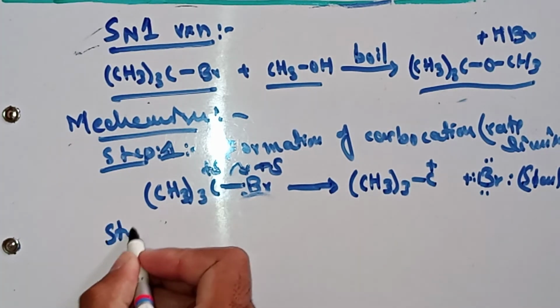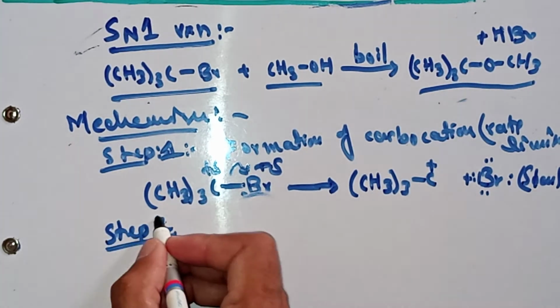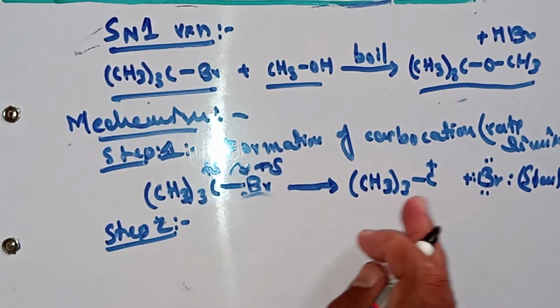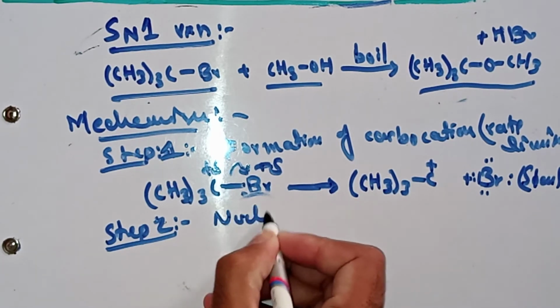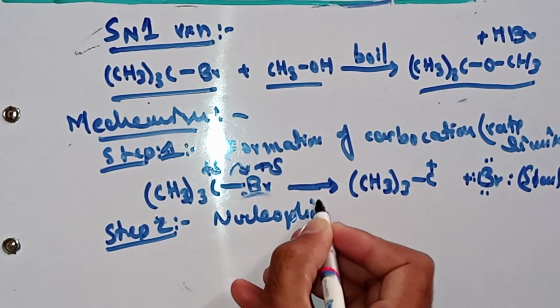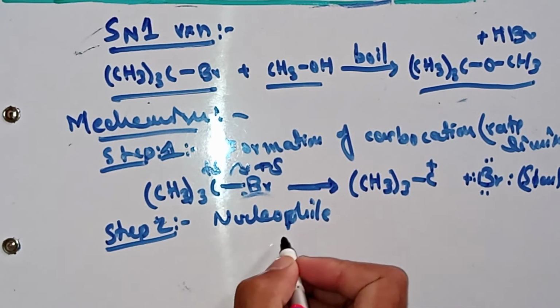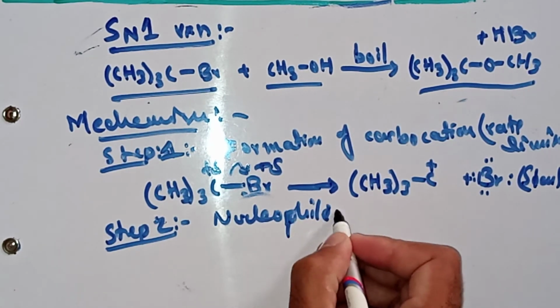In step number 2, there is nucleophilic attack on this carbocation. The nucleophile will come from the solvent.